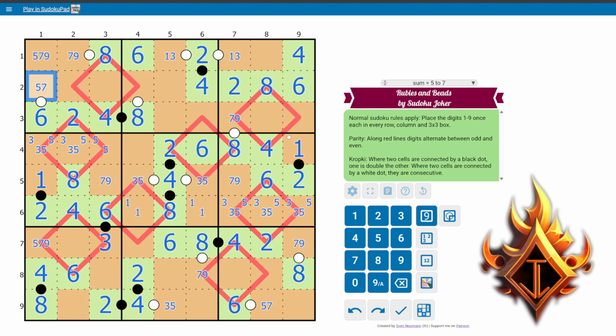Which is going to make the 3 go here. This will be a 3 here, so that will be 1. And that seems okay.